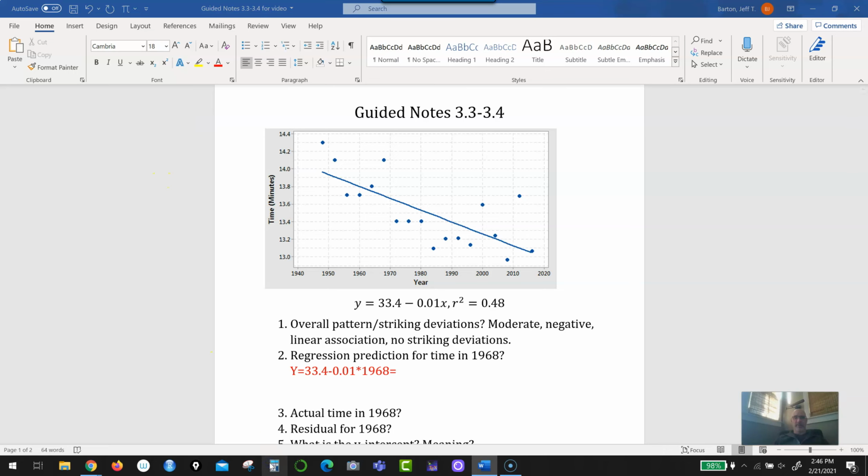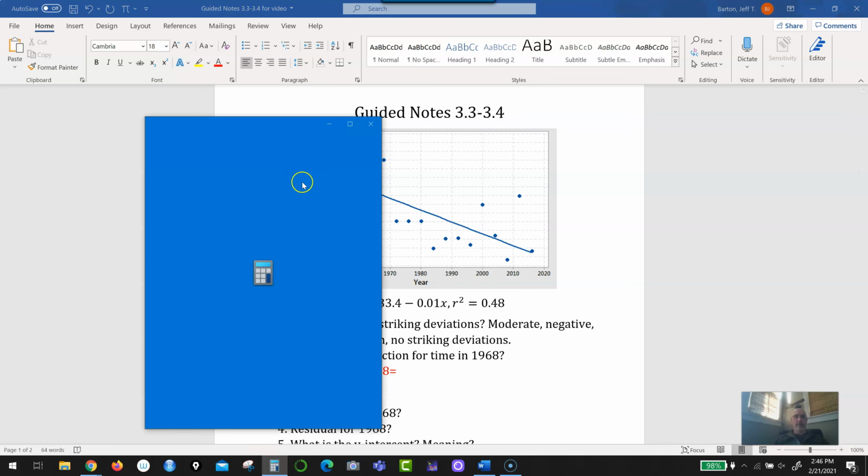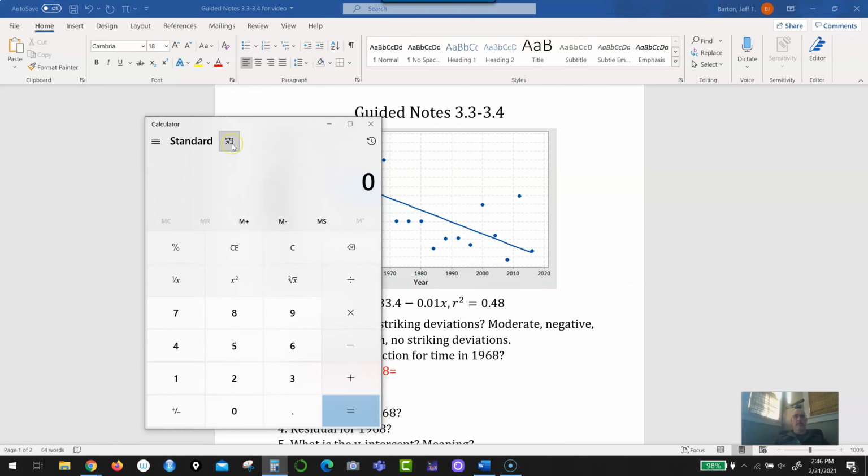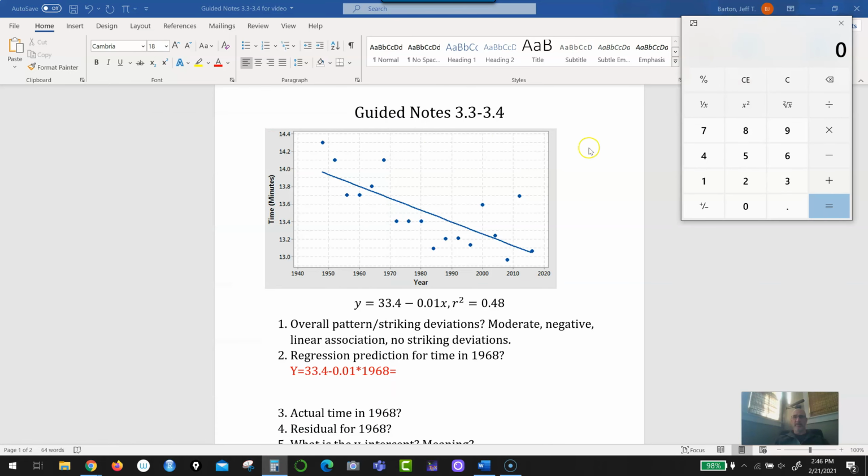Let me bring that up and get it out of the way. So let's see. 0.01 times 1968 is 19.68. Make that negative and add 33.4. So I get 13.72 minutes.